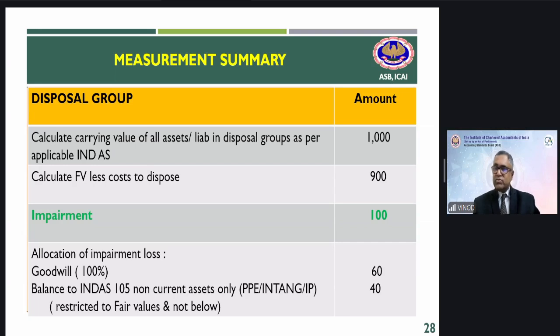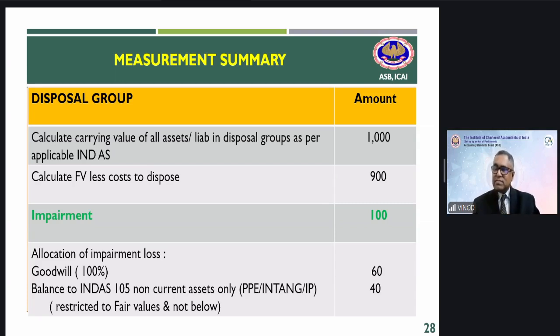So there is impairment loss as per Ind AS 105. But we also have Ind AS 36 impairment, that anyway happens for all the assets. So you might have two types of impairment in the books of account, 105 impairment and Ind AS 36 impairment. The below part, goodwill, etc., we'll go to the next slide and we will learn.